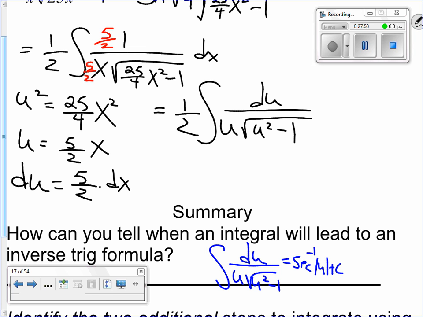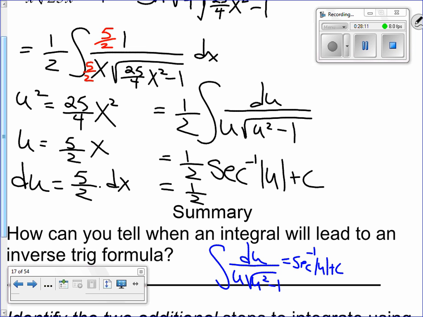And then you say, oh, I know you. Get it? U? And so what does this equal? The inverse secant of the absolute value of u. And then we just have to put that u in. U is 5 halves x. So our final answer is 1 half the inverse secant of the absolute value of 5 halves x plus c.